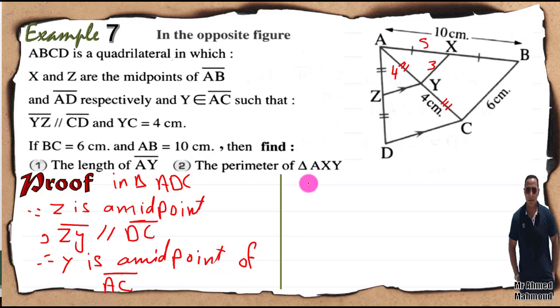Therefore AY equal YC equal 4 centimeters.